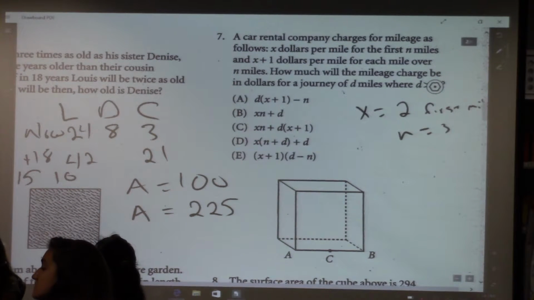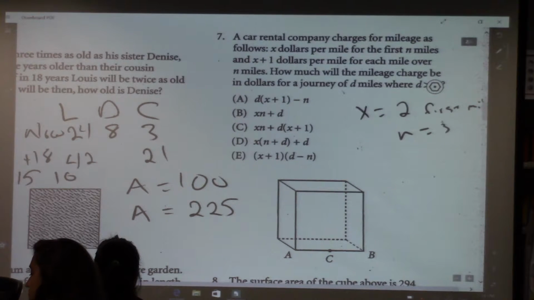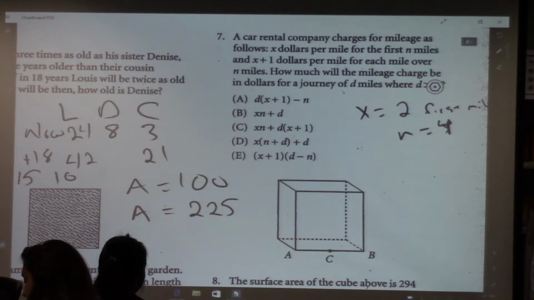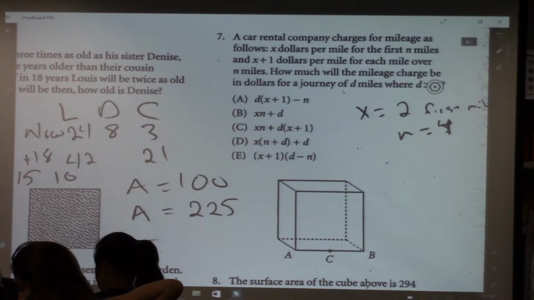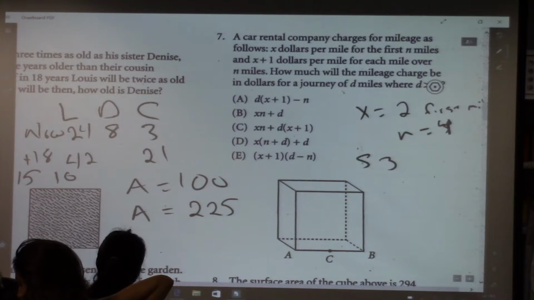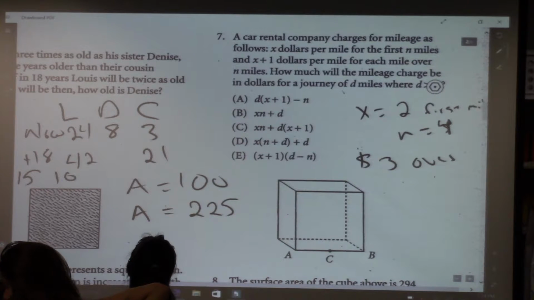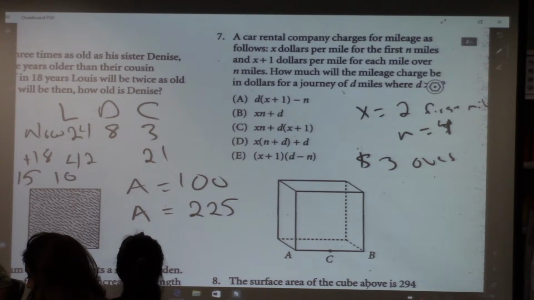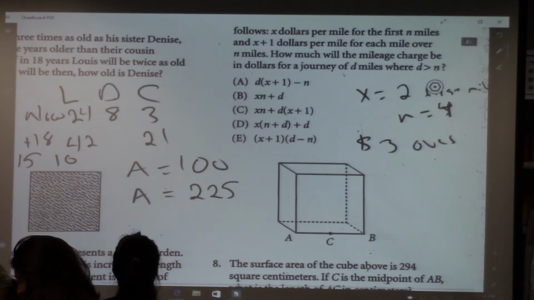And then X plus 1, so I'm gonna go ahead and make N 4, because then we're charging X plus $1 and we avoid the situation where you could pick the wrong answer for no reason. So if we want X plus $1 for each mile over N, that means we're charging $3 for anything over. How much will the mileage charge be in dollars for a journey where D is bigger than N?